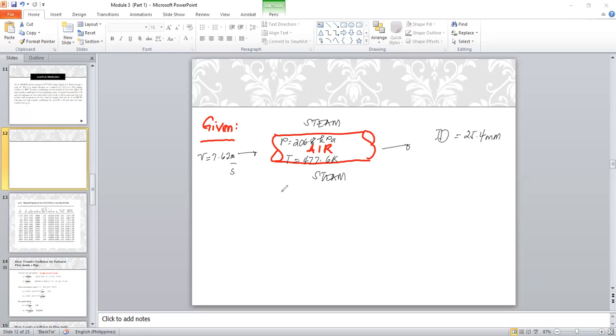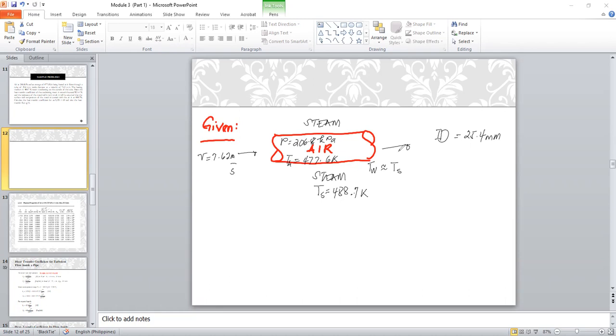Now, the heating medium is steam. So with A for air, your steam temperature is 488.7 Kelvin. It's to be assumed that the wall temperature is more or less equal to the heating medium temperature, which is the steam, due to the heat transfer coefficient of your steam, which is several thousands already compared to the conductivity of the pipe wall.